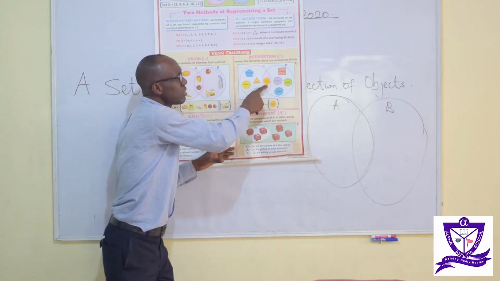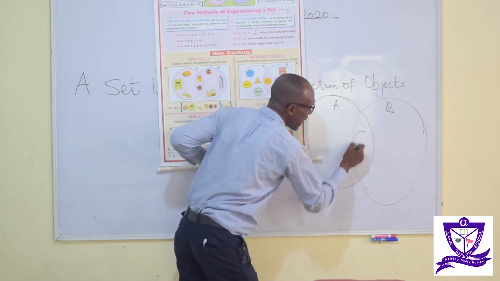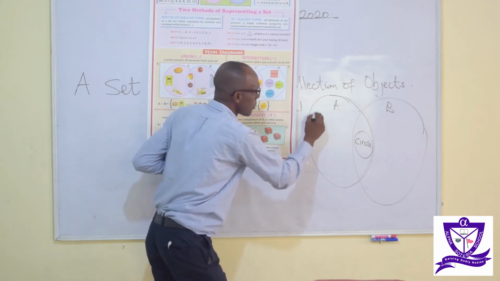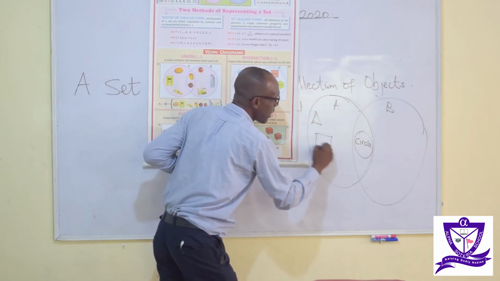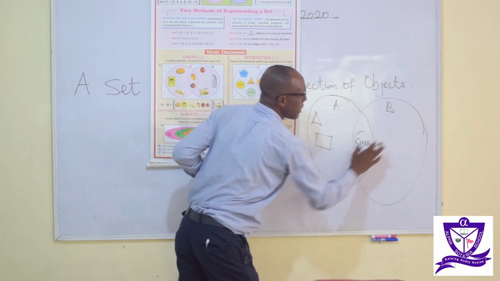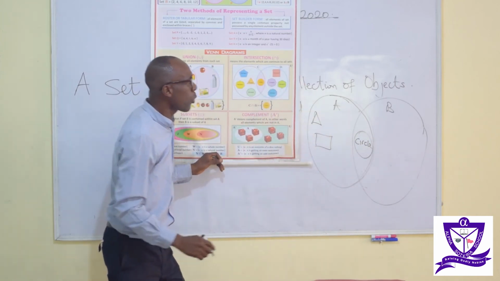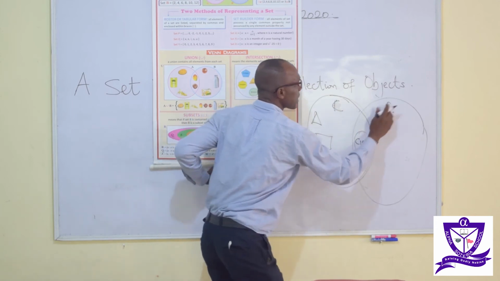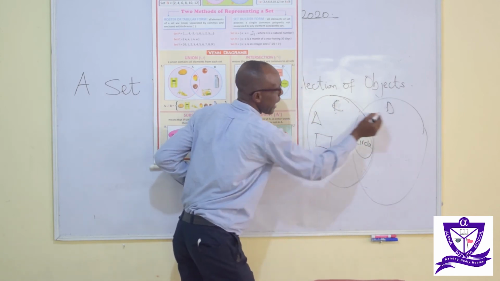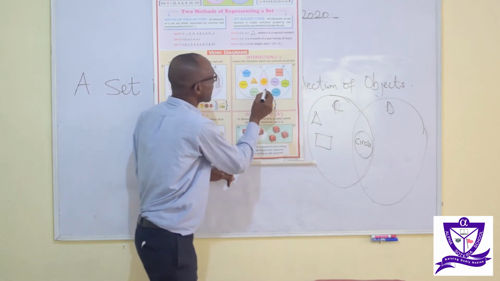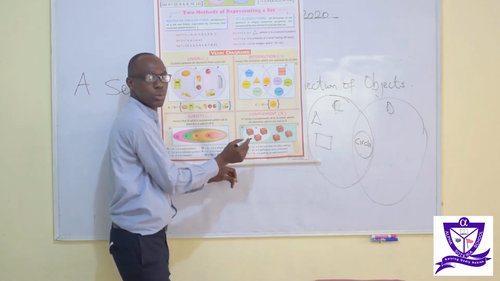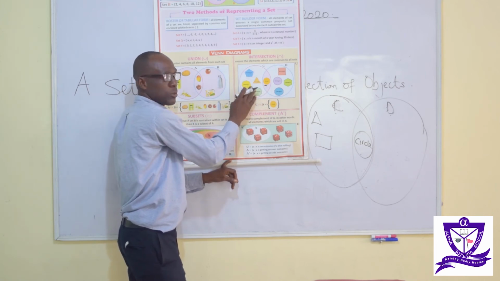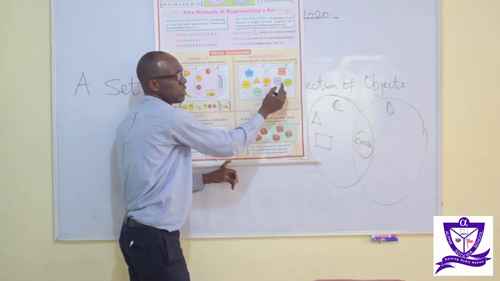In other words, the circle is just at the middle here. All the other shapes, like triangle and rectangle, are in either C or D. But where both of them intersect, that is, C and D, both of them intersect at circle. And now the circle is in between the elements of C and the elements of D.